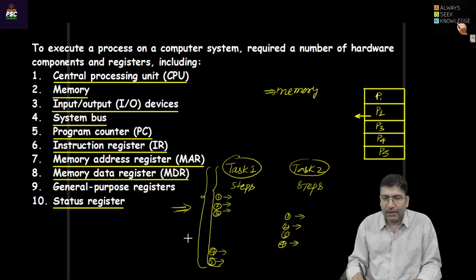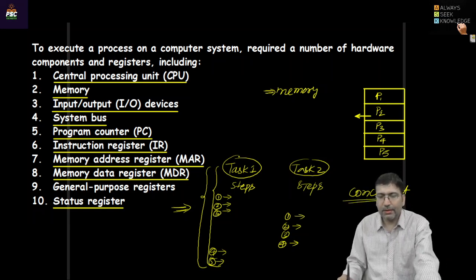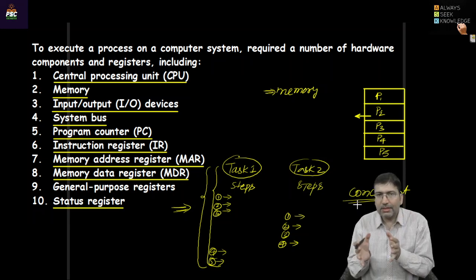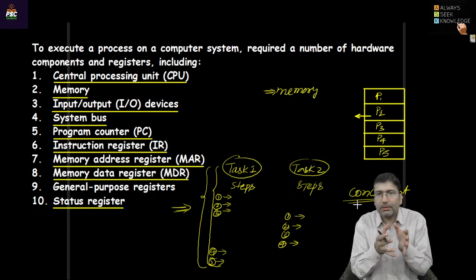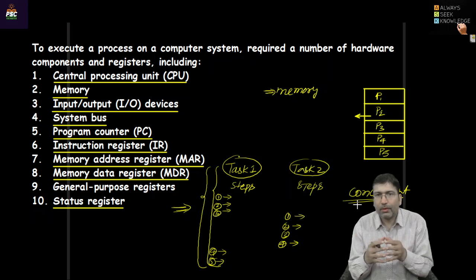So this is not parallel execution. We consider this kind of execution as concurrent execution. Concurrent execution is different from parallel execution. We can execute two processes in parallel if we have more than one CPU, or it is also possible that one CPU has multiple cores.